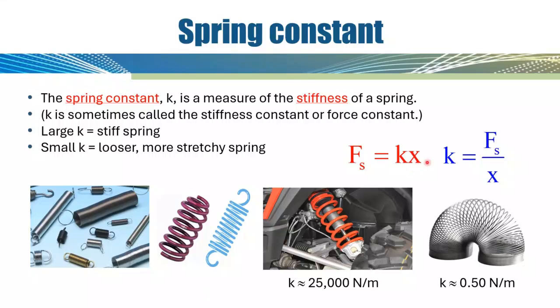In this case, we have force in newtons, displacement in meters, so the units of k are newtons per meter. This means that it takes 25,000 newtons to stretch this shock absorber 1 meter, and it only takes 0.5 newtons to stretch a Slinky 1 meter. So in summary, how easily a spring stretches depends on its k value.